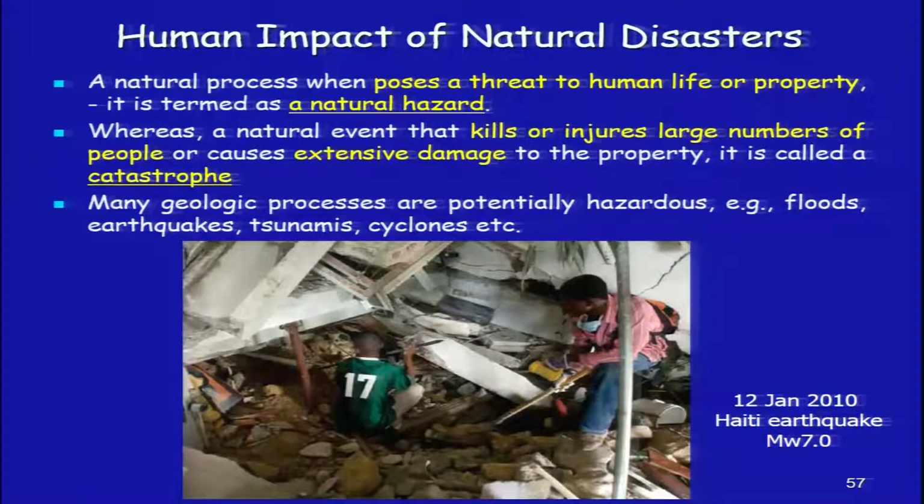Tsunamis could be transoceanic, they can travel across the oceans, and not only the areas close to the subduction zone where the earthquake was triggered will be affected, but areas which are very far off can also be affected.